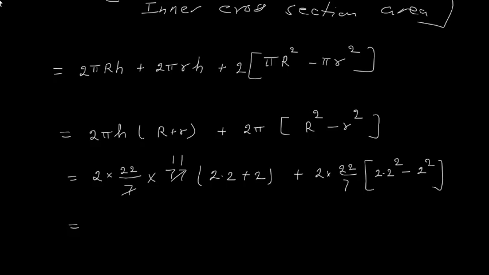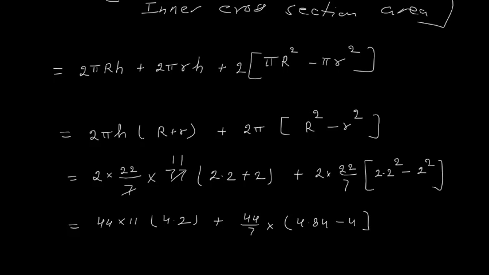So 2 into 22 into 11, so this is 44 into 11 into 4.2, plus this is 44 upon 7 into square of 2.2. 22 square is 484, so 4.84 minus 4.